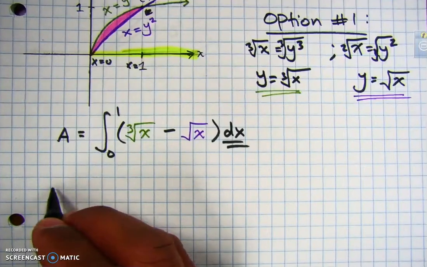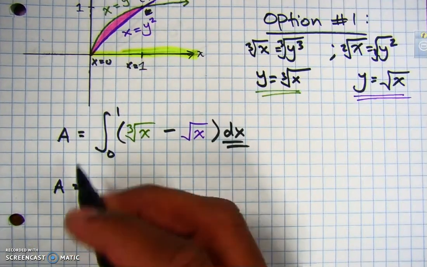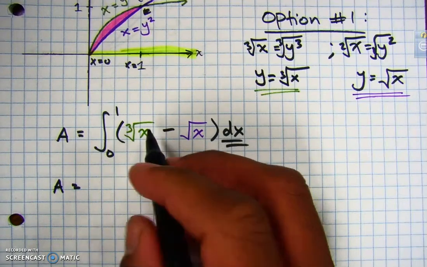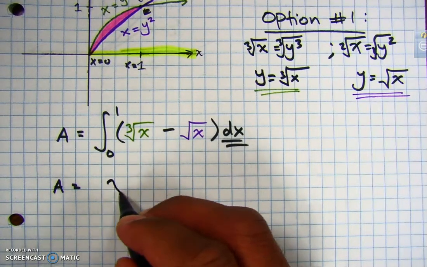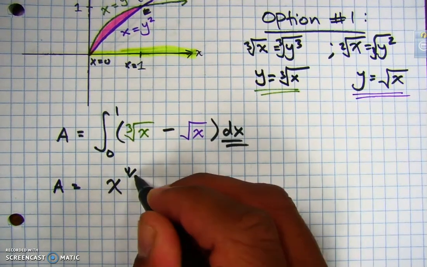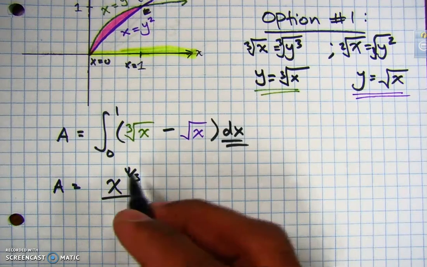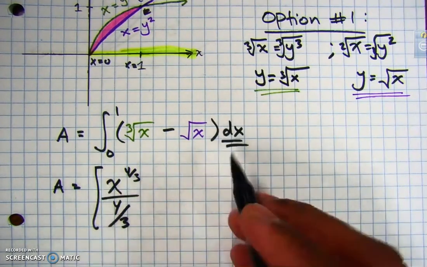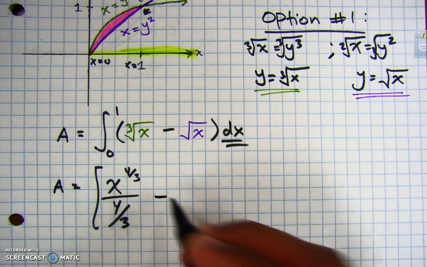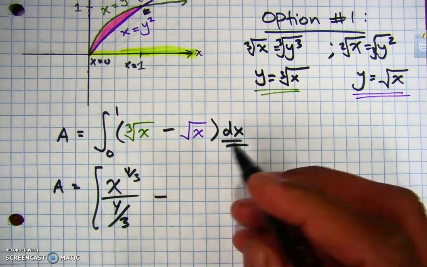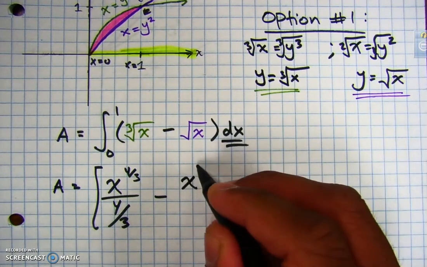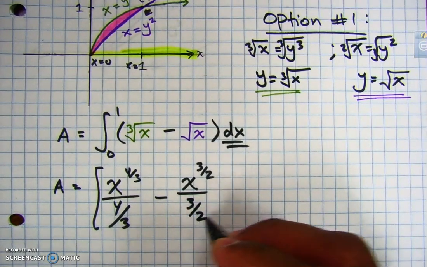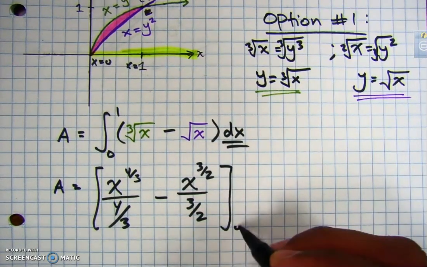After you integrate this, you have x to the 4/3 over 4/3 minus x to the 3/2 over 3/2 from 0 to 1.